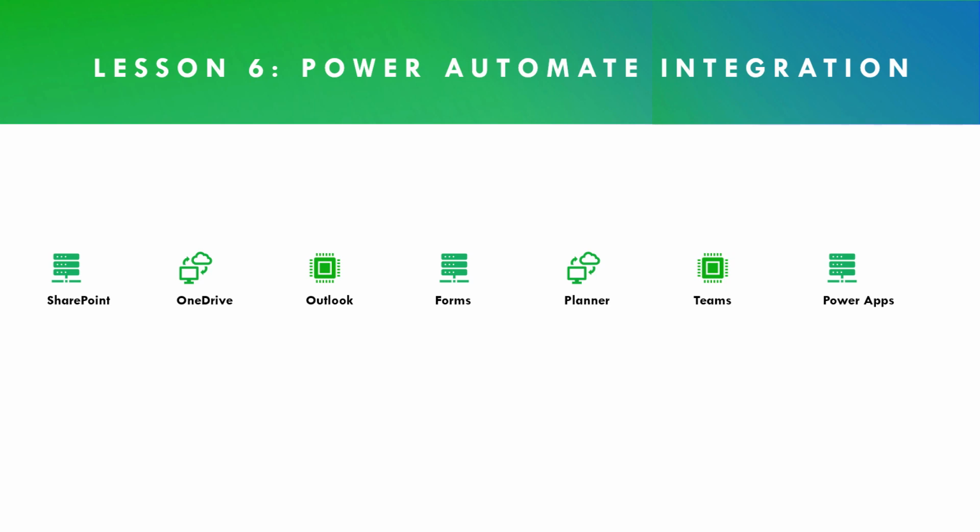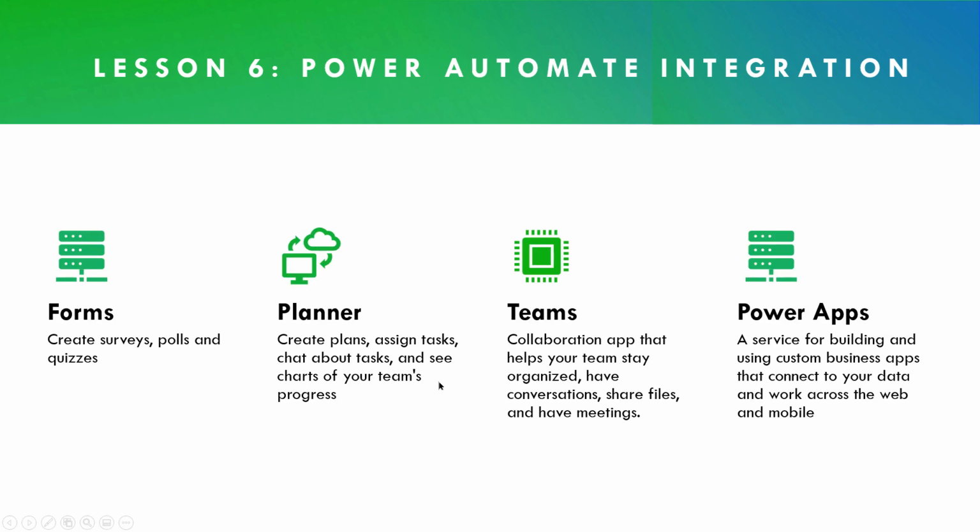And in this lesson, we're going to do some exercises where we utilize those particular apps. All of these apps are normally included in your Office 365 suite of applications, especially for business.